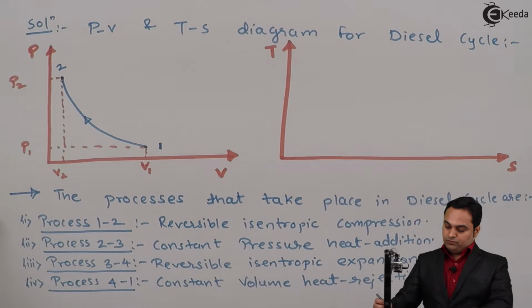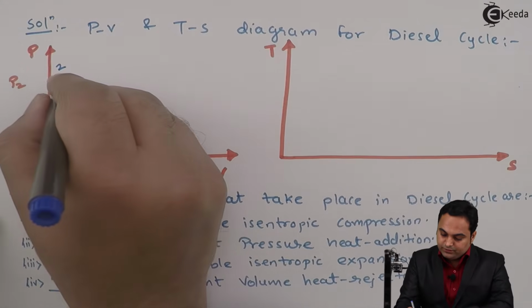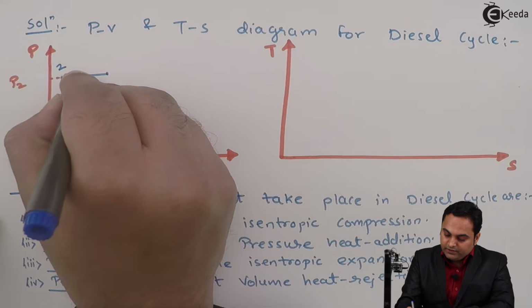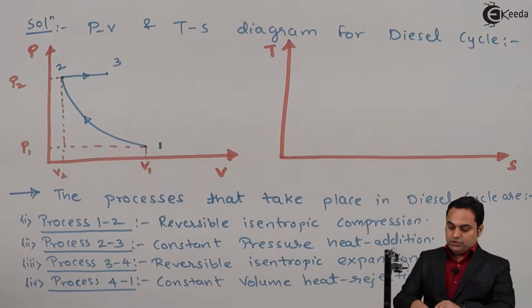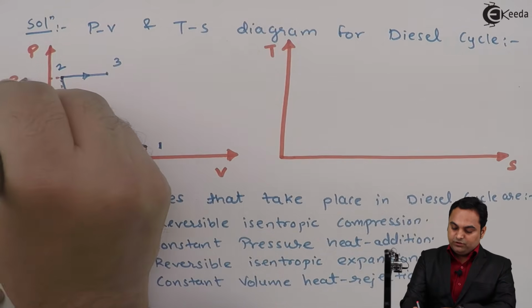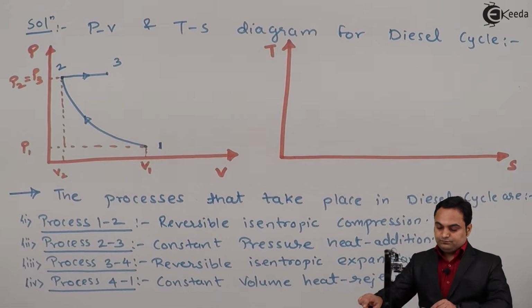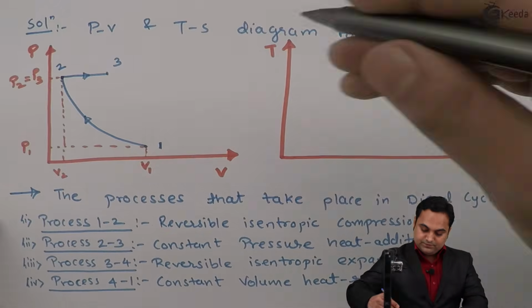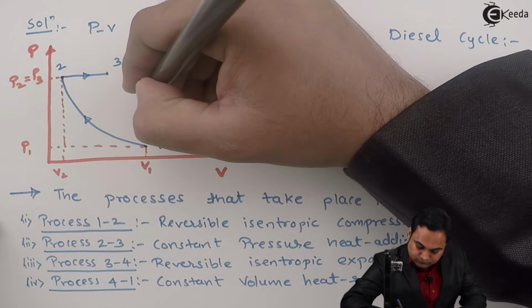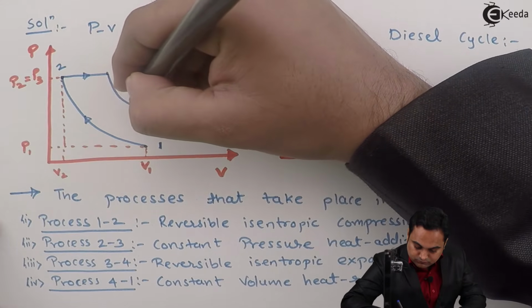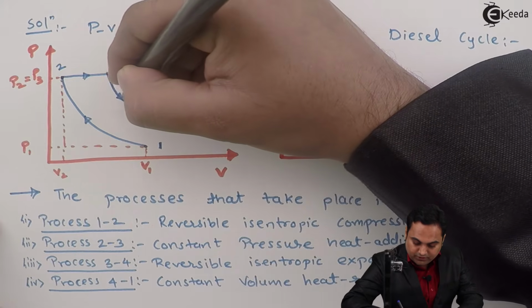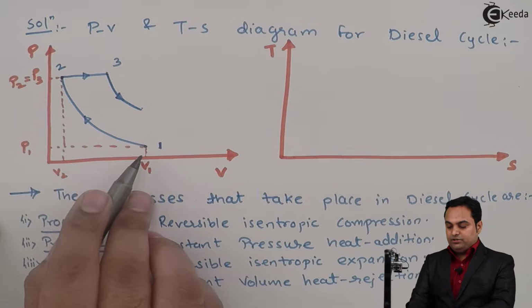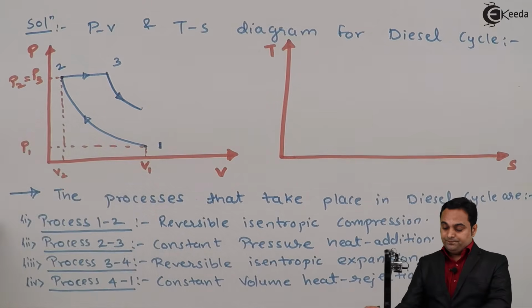Next, constant pressure heat addition. So the pressure remains constant during the next process and heat gets added from 2 to 3. So here I can see that P2 is equal to P3. Then process 3 to 4 is reversible isentropic expansion. So in case of expansion, the curve is same like it was in compression, but the volume was decreasing in compression.